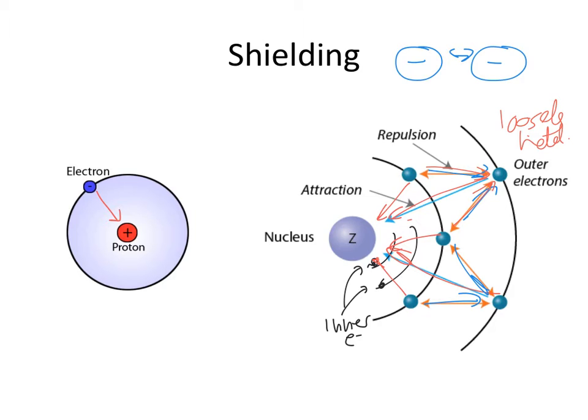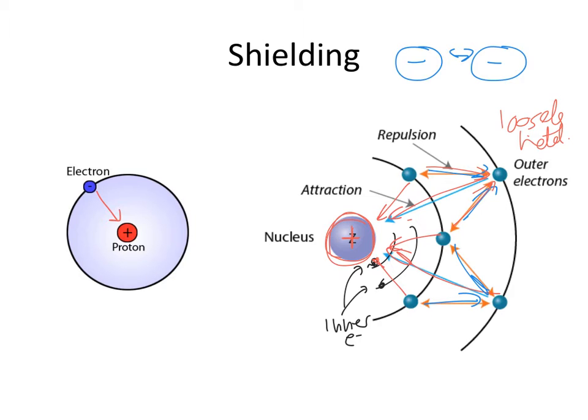So because the outer electrons are being repelled by inner electrons, this means that the attraction that it's feeling from the positive nucleus is less than its actual nuclear charge, the charge on the nucleus. So what this attraction is, and what it experiences, is much less than what the actual positivity of this proton or of this nucleus is.